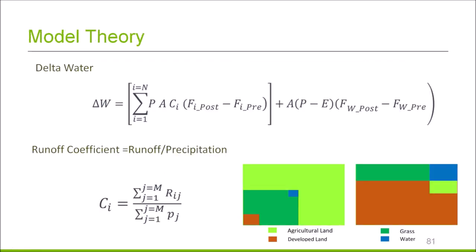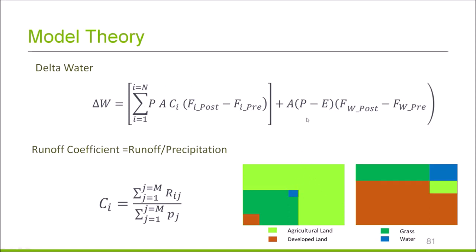Now, again, this is a mathematical way to explain the thing that I explained before. So what I'm showing here, if you know the mean annual precipitation and if you know the area of any of those portions of the land, and if you know the mean runoff coefficient, which is basically how much portion of that precipitation actually is converted into runoff, then you can estimate how much things are changing from each portion of the land, right?